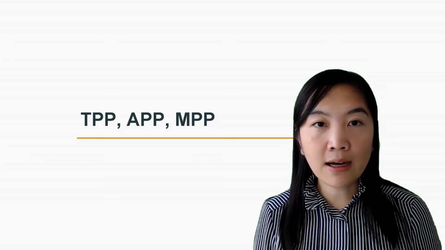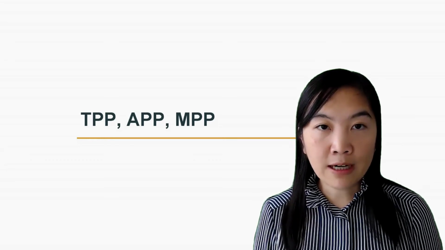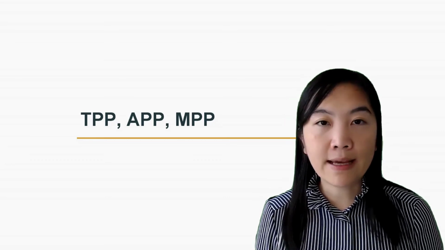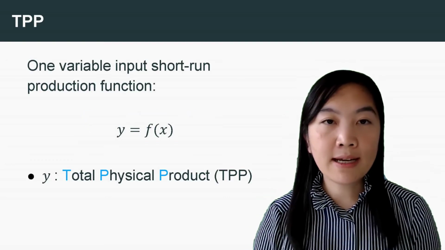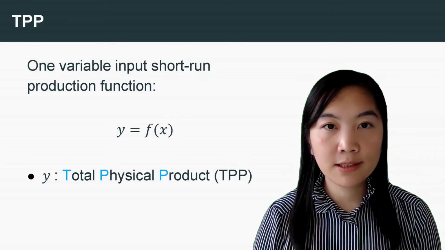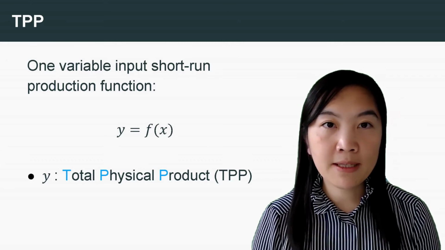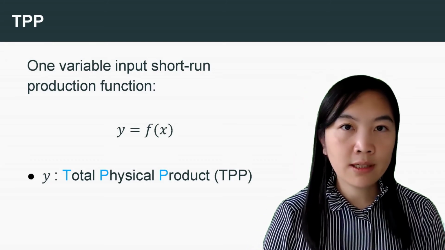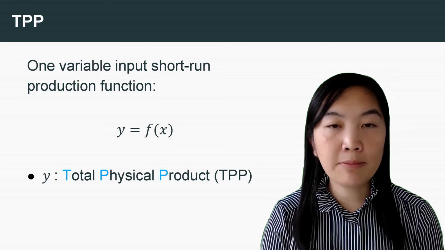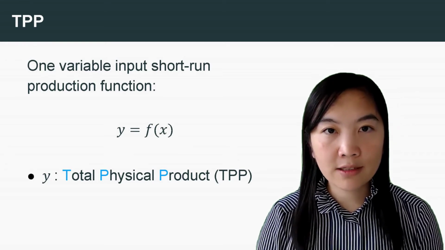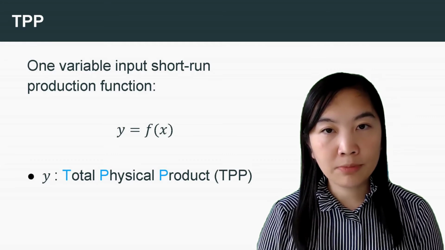For today, I will cover TPP and APP, and leave MPP for the next lecture. The first concept is TPP, which means total physical product. So what is TPP? For the 1 variable input short run production function, TPP is simply the y in that function. So it's the output.